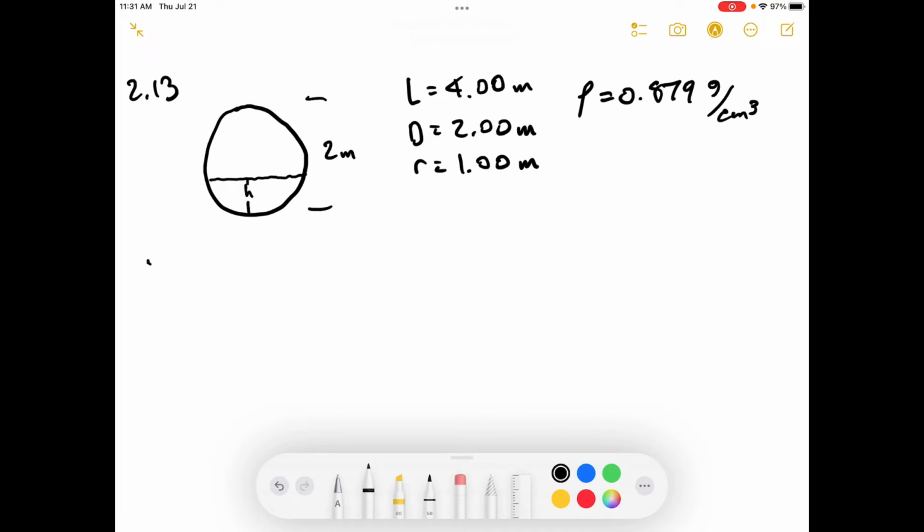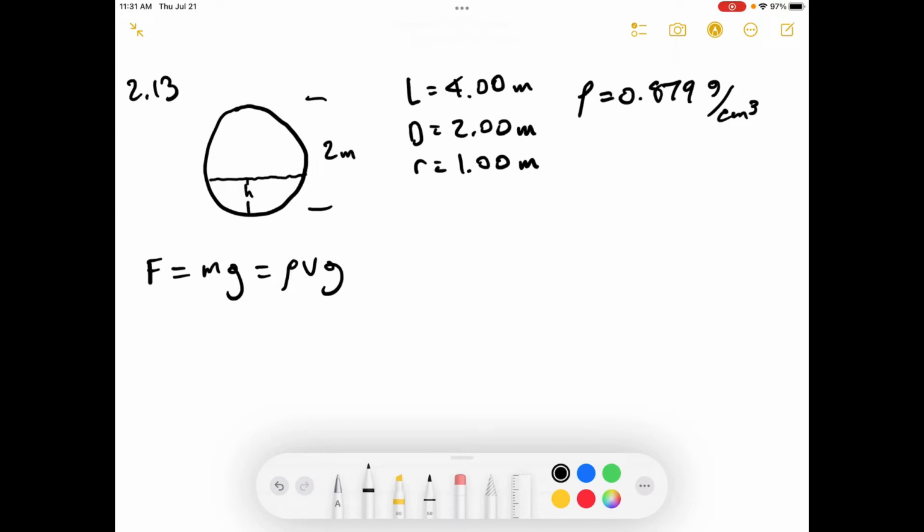Okay, so we want the weight. So the weight is the mass times the acceleration due to gravity. The mass is also equal to the density times the volume. Okay, so we need to solve what the volume of a section of a circle is.